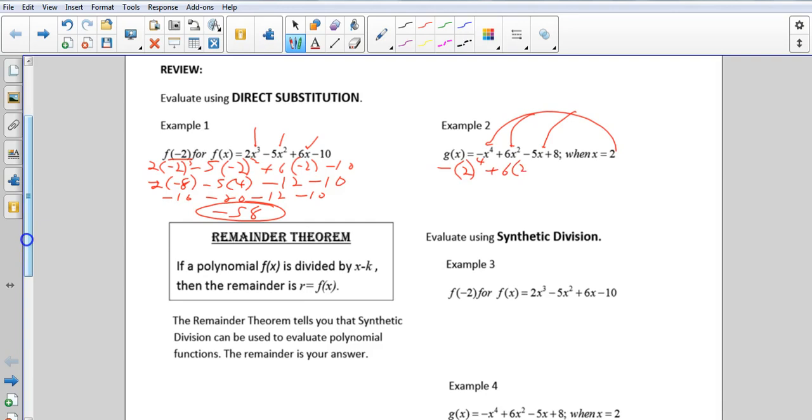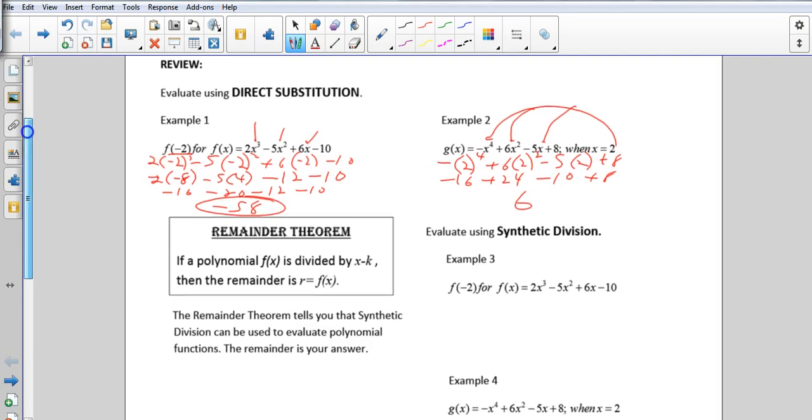Plus 6 times 2 squared minus 5 times 2 plus 8. So 2 to the 4th is 16, so that's -16. 2 squared is 4 times 6 is 24 minus 10 plus 8. That simplifies to 6.